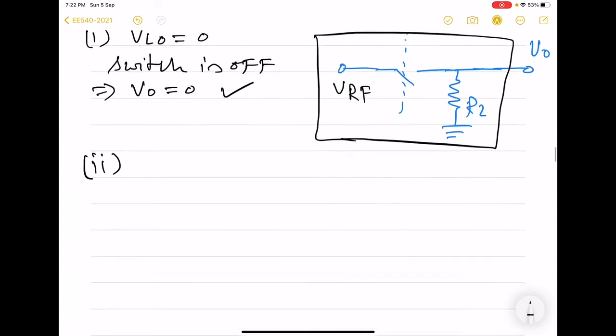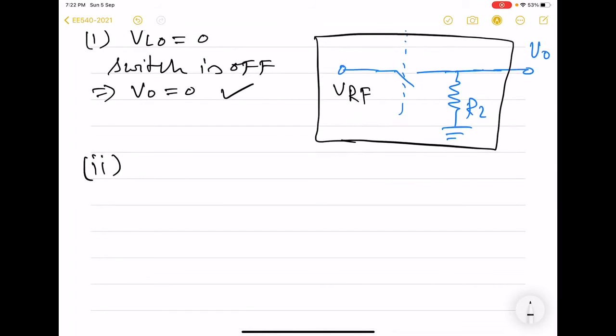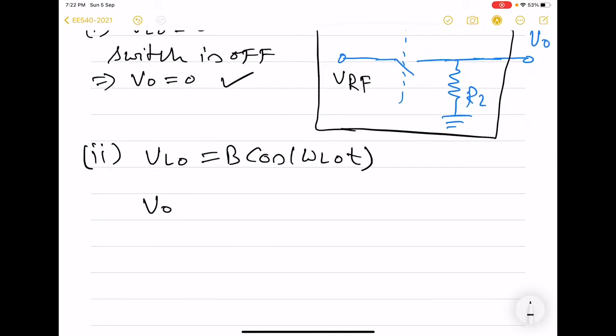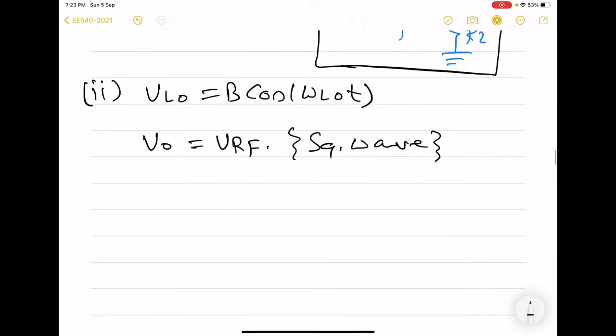So for the second case, we have to take VLO. Now we have been taking VLO as B cos omega LO T, right? And in this case, we have been getting output as VRF multiplied by a square wave. So this is the output with the simple input LO.